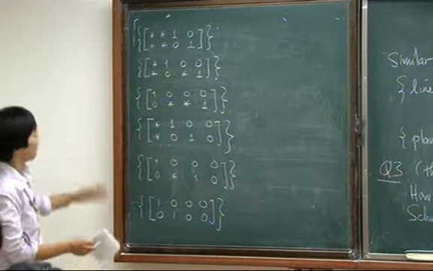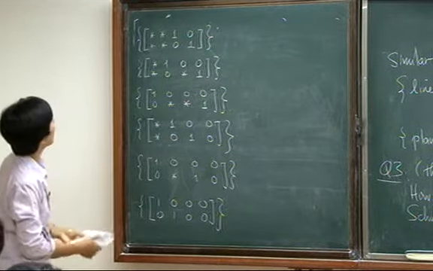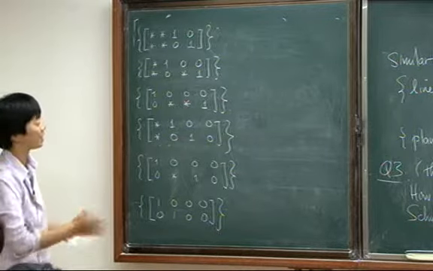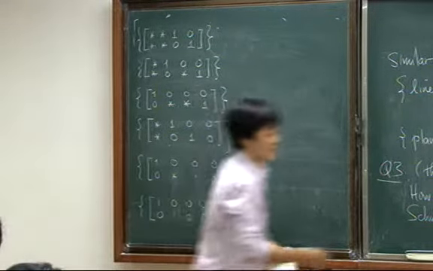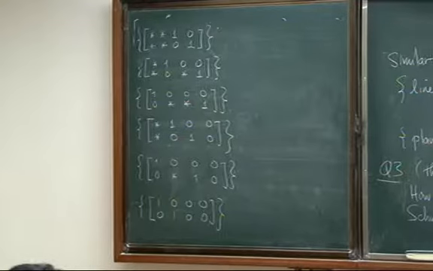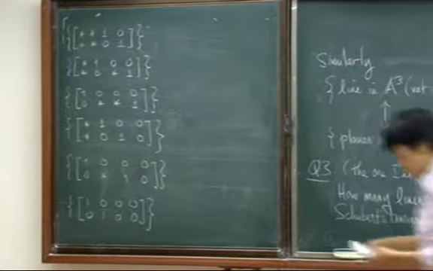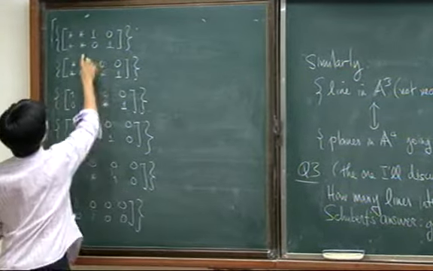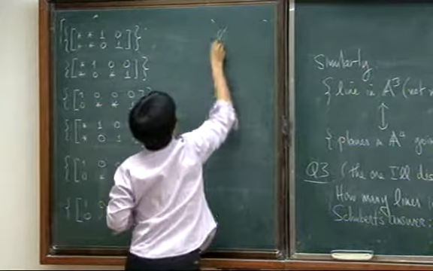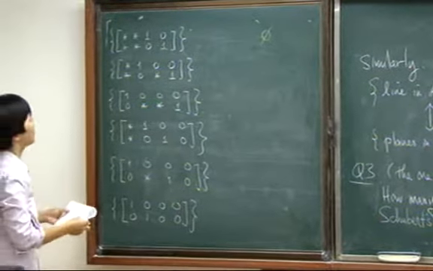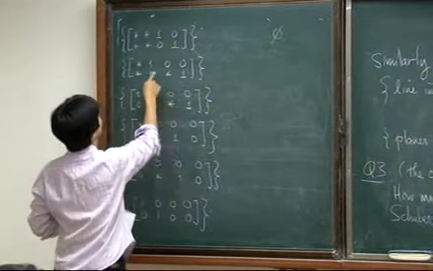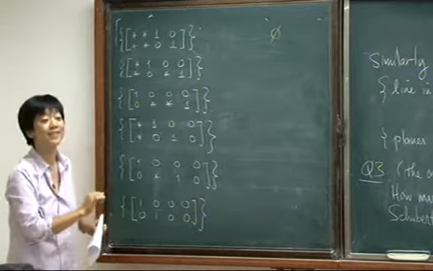Now, the reason I wrote this out so much is because I want to point out the connection with Young diagrams. The way that you get six Young diagrams out of these six row-reduced echelon forms is as follows. Here there's nothing, so I just put a 0. Here you look to the right of the pivot 1s.